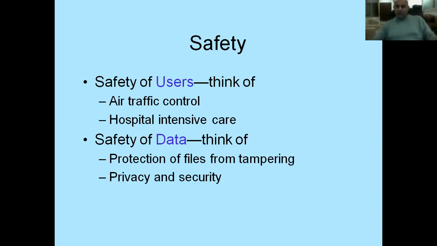Privacy and security: some data are very, very secure, and we should take this into account, maintain it, and protect it from any theft or anything else.